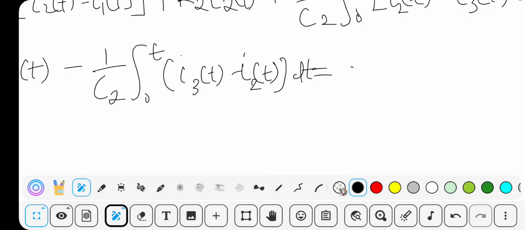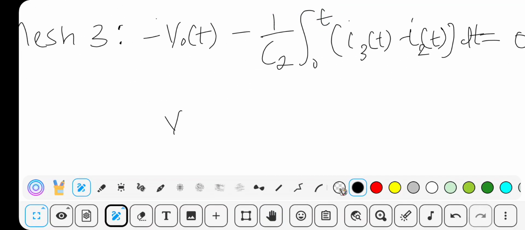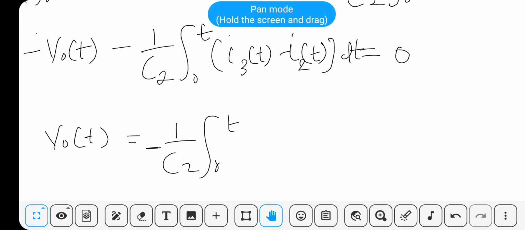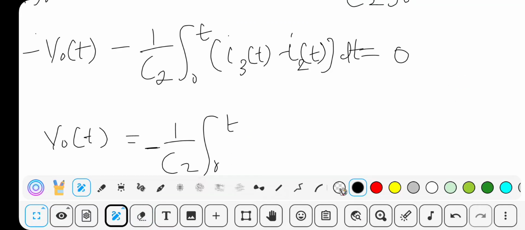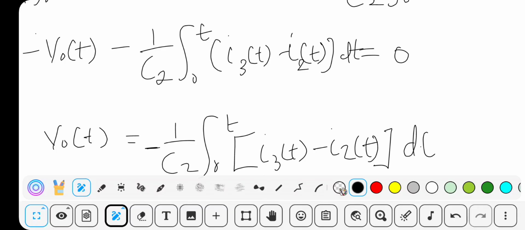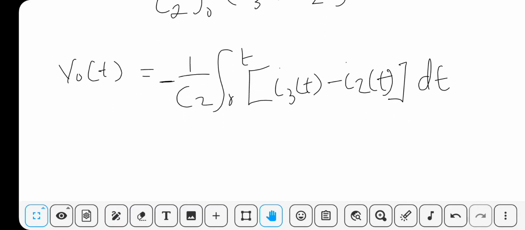This will equal 0. And then making V0 of t the subject, you have 1 over C2 times the integral of I3 of t minus I2 of t dt.